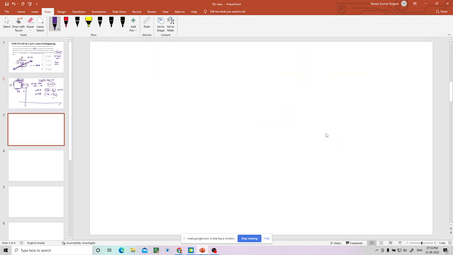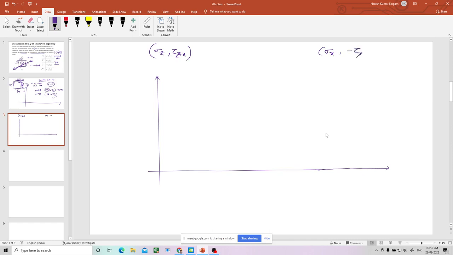So let me draw. Right, so what are those 2 points? Sigma z comma tau zx is 1 point, another one is sigma x comma minus tau zx.